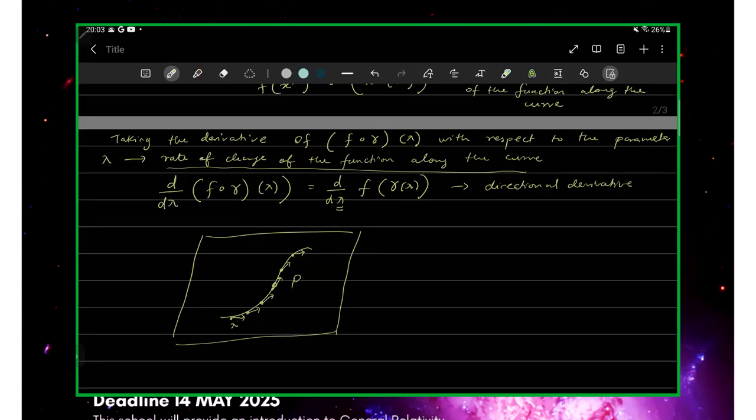So in that case, if you want to define this directional derivative further, you need to define these changes in the way you're moving along the curve, right? And we understand that these are basically tangent vectors on every point. So that is what we're going to do next. We're going to define the tangent vectors, and we will use the directional derivative to define the tangent vectors next, okay?